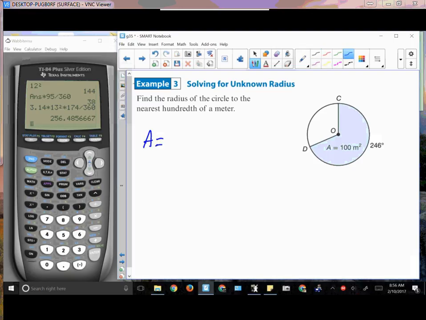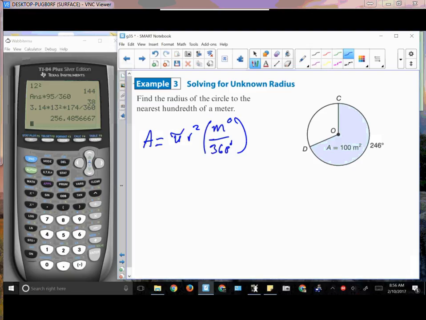So, area is equal to pi r squared multiplied by our measure over 360 degrees. Part of the reason why I want you to have the formula in your little book is so that you don't have to worry about remembering it right away. You got it, you can look at it, okay, I can translate.